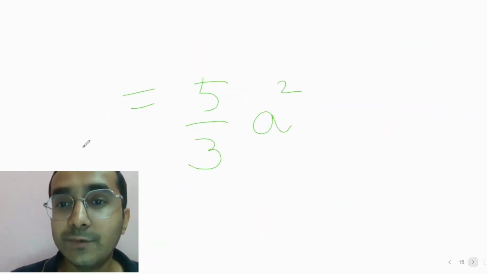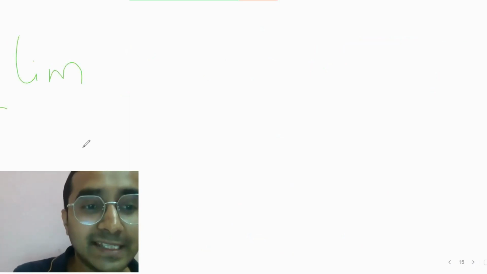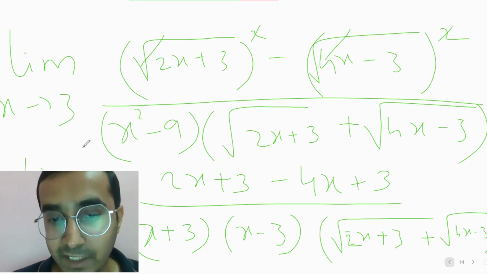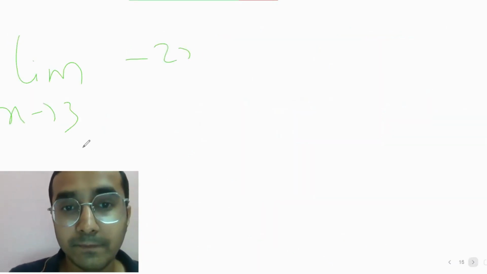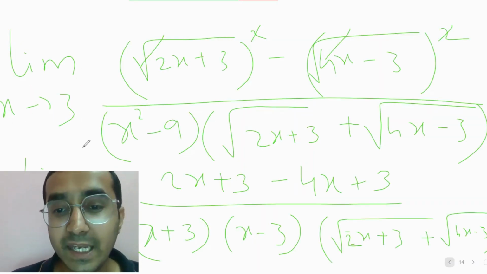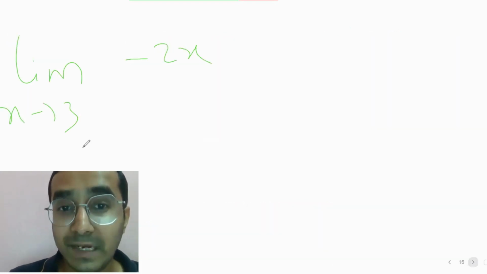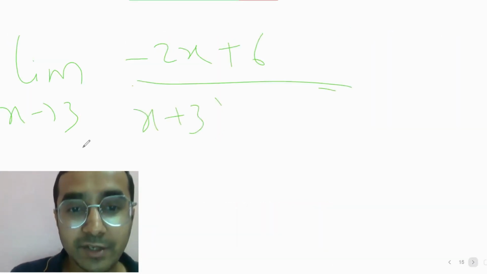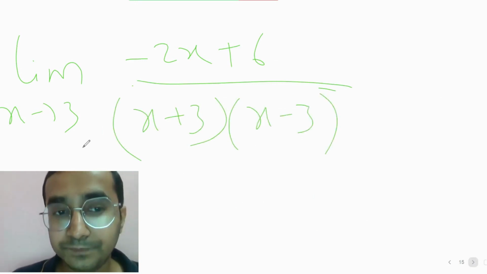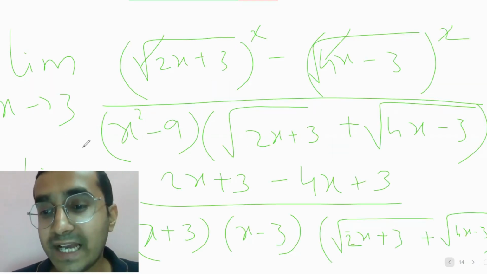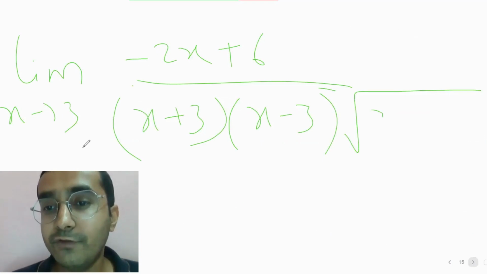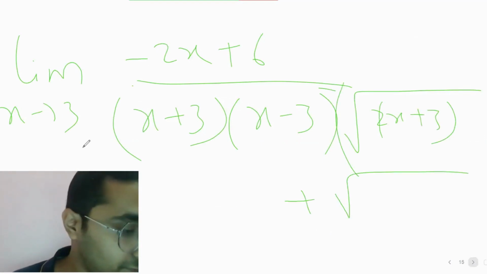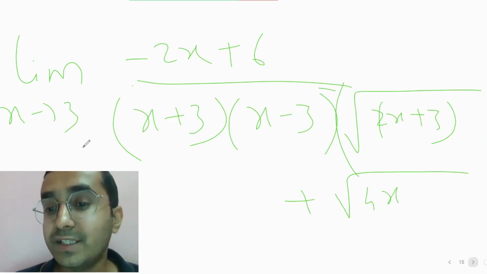So this will be limit as x tends to 3. 2x minus 4x is minus 2x, plus 3 becomes plus 6, divided by x plus 3 into bracket x minus 3, and the roots as they are: root of 2x plus 3 plus root of 4x minus 3.